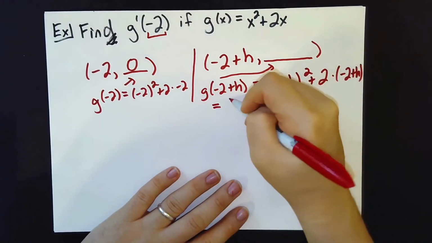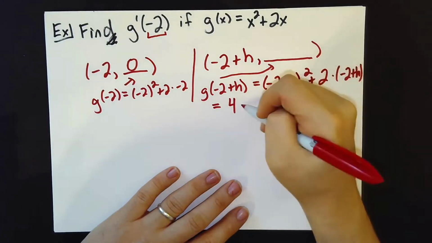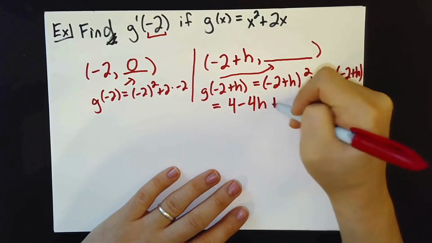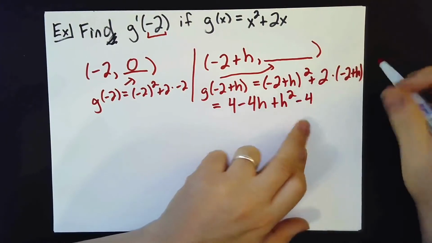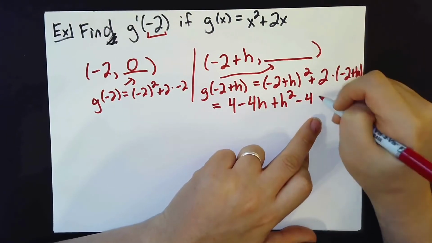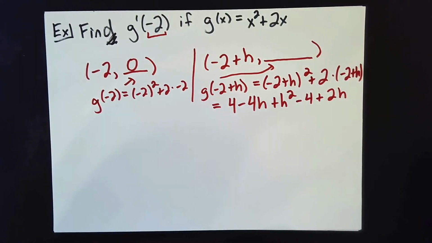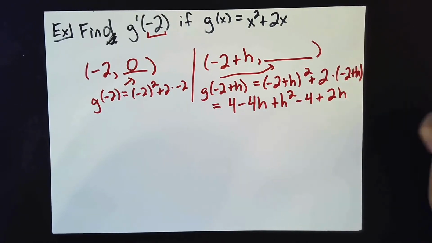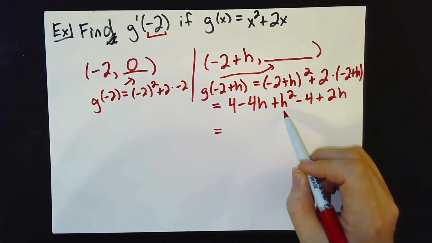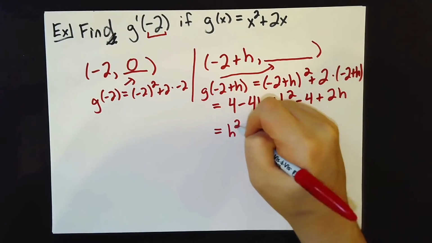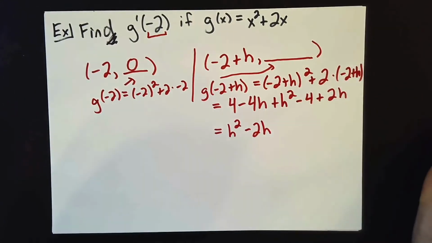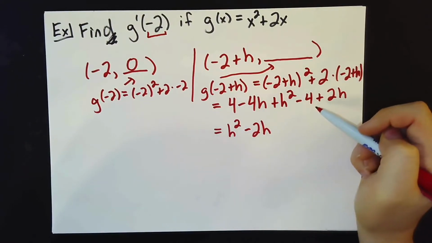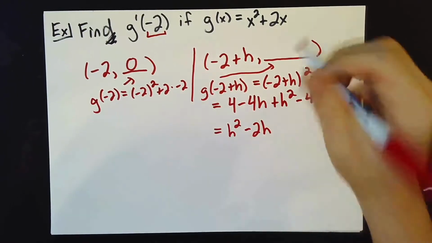So this is going to be 4 minus 4h plus h squared minus 4 plus 2h. If I simplify this, this is now h squared minus 2h, but then the 4 and the minus 4 cancel, so it's just h squared minus 2h.